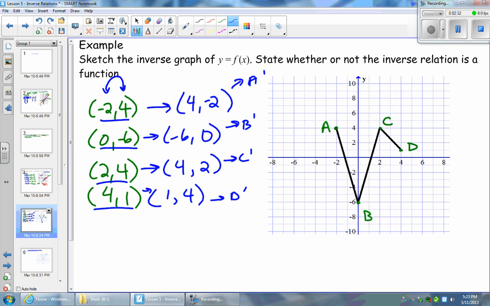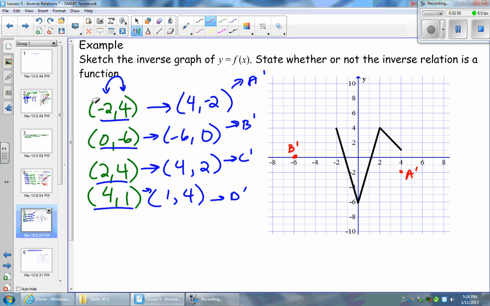All right, so let's go ahead and plot these points and connect them in the A, B, C, D order that we have here. So 4, -2 is going to be right here, and -6, 0, which is right there. Oh, sorry, I should be actually labeling these. So A prime, B prime. And actually, I'm going to get rid of the old labels here, so that way we could just keep track of one graph.